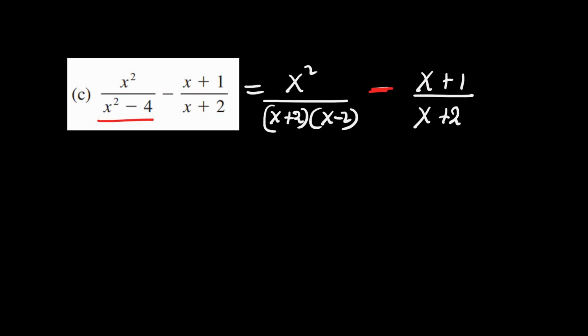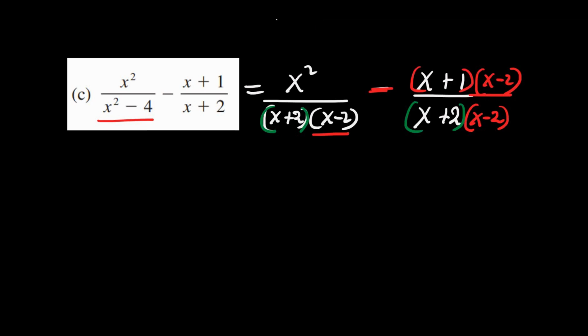And as you can see, we have x plus 2 over here, and it's also available here. So to have a common denominator, all we have to do is to use this factor to multiply this, which is now x minus 2, and also use it to multiply the numerator, x minus 2.